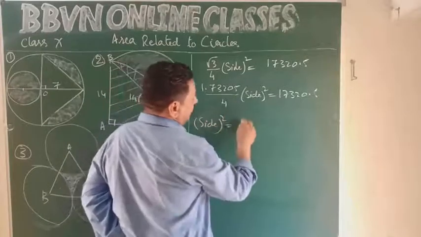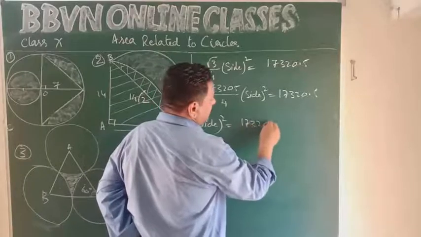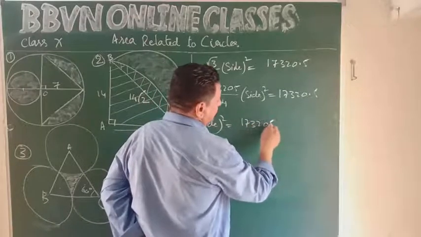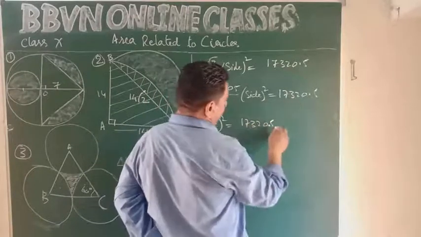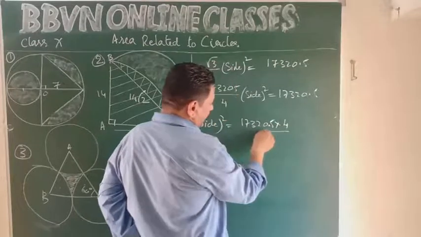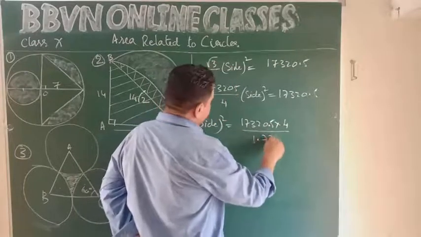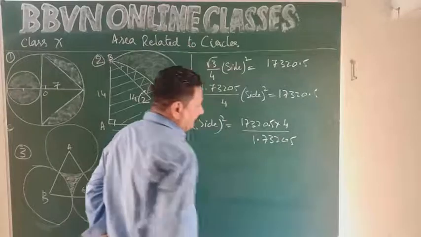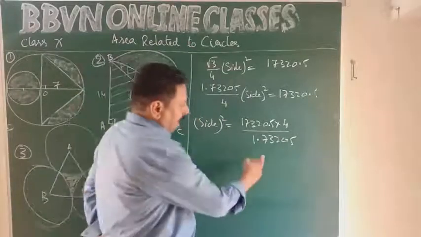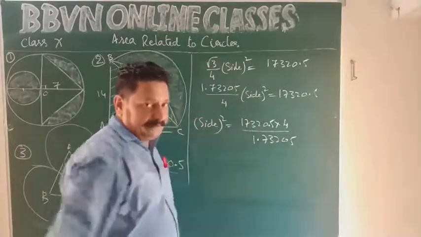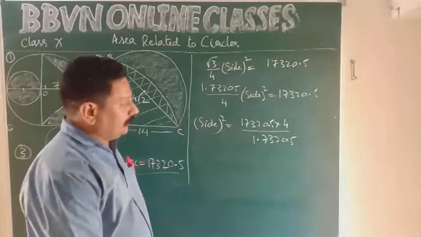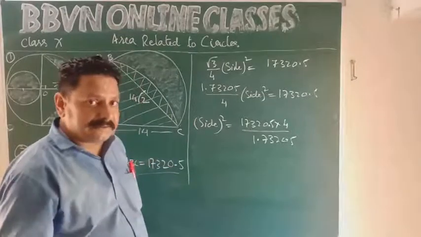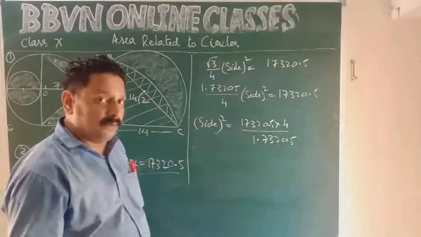4 comes in the numerator. 17320.5 multiplied by 4 divided by 1.73205. Now there are 5 places after the decimal. So multiply numerator as well as denominator by 1 lakh.